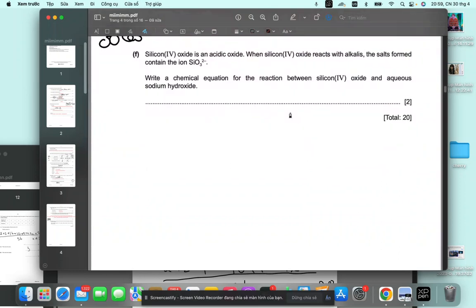Silicon oxide is an acidic oxide. Okay, so we have silicon oxide and aqueous sodium hydroxide. Sodium hydroxide is a base, and silicon oxide is an acidic oxide. Acid plus base would make water and salt, right? We have water, and let's see. Write a chemical equation for this.